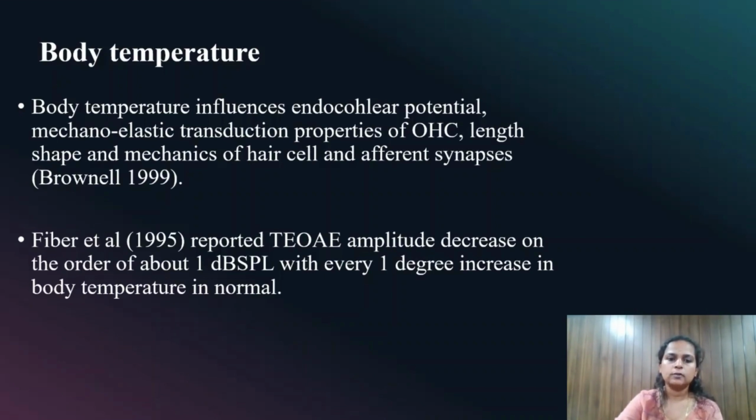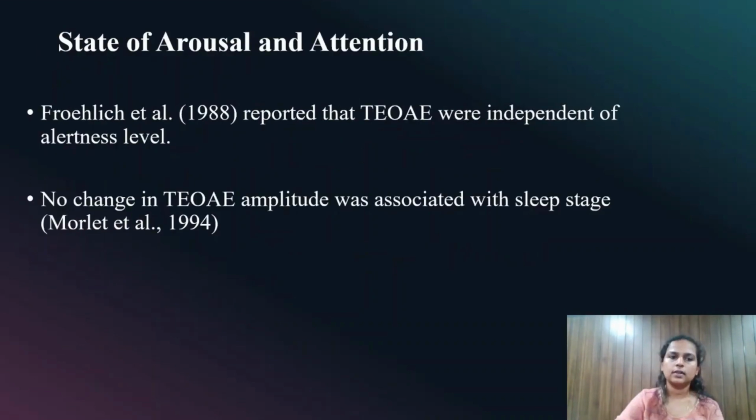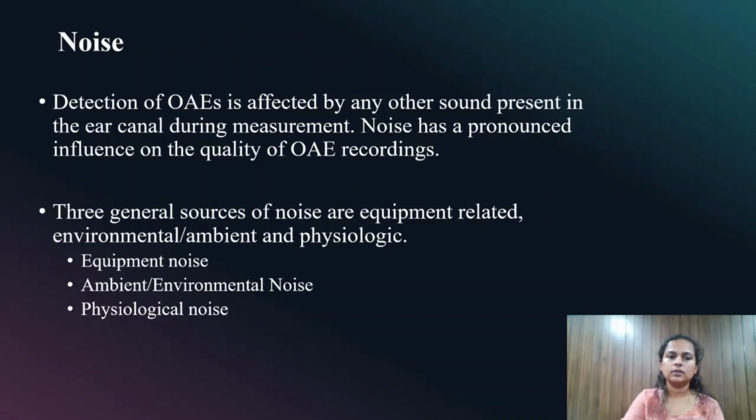TEOE amplitude decreases 1 dB SPL with every 1 degree increase in body temperature in normal ears. Increased temperature leads to more rapid deterioration of the integrity of the outer hair cell. State of arousal and attention: TEOEs were independent of alertness level, and there is no change in amplitudes associated with sleep stages. Noise affects OAE recordings from three general sources: equipment noise, ambient environmental noise, and physiological noise.